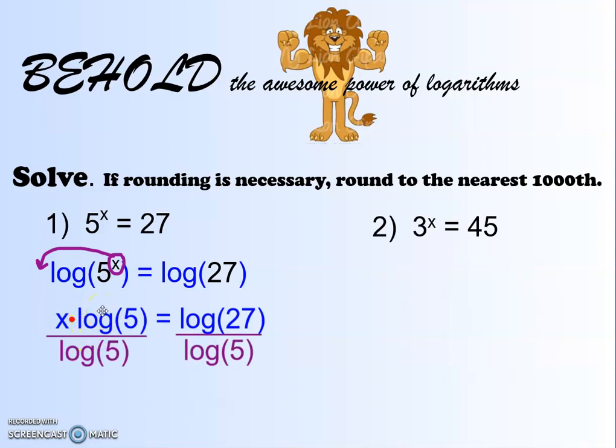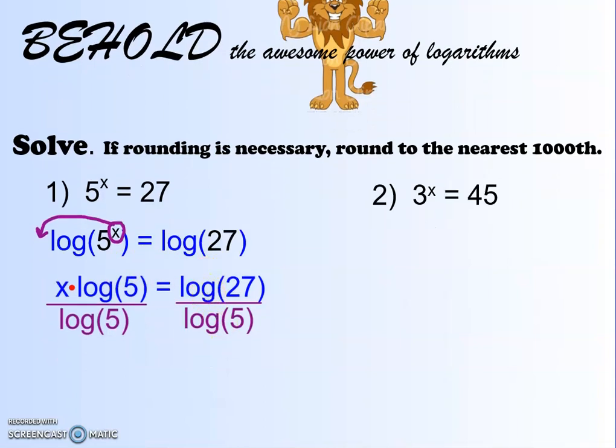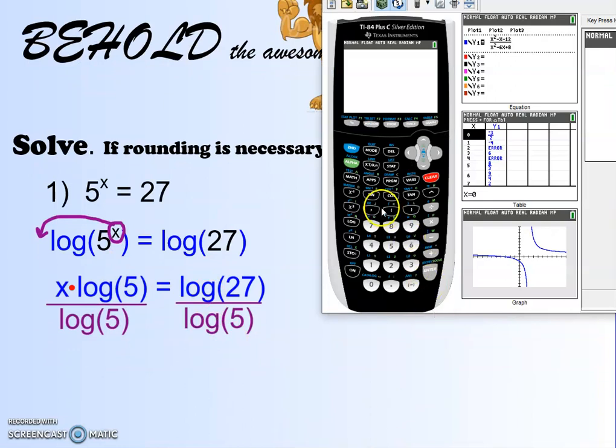So I divide both sides by that fairly ugly number, common log of 5, but that's not my problem. That's my calculator's problem. So I go into my calculator and I simply type the common log of 27, close your parentheses, make sure you close your parentheses, divided by the common log of 5. And that's going to give me my answer here of 2.048.